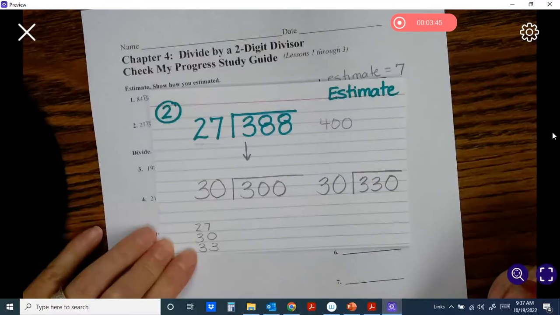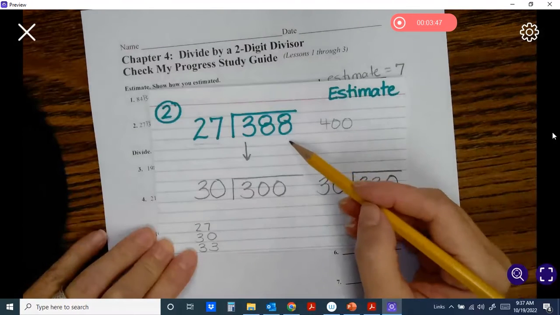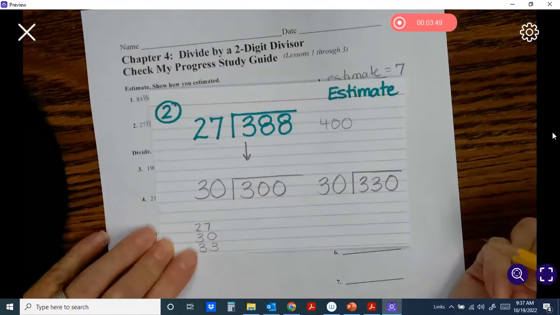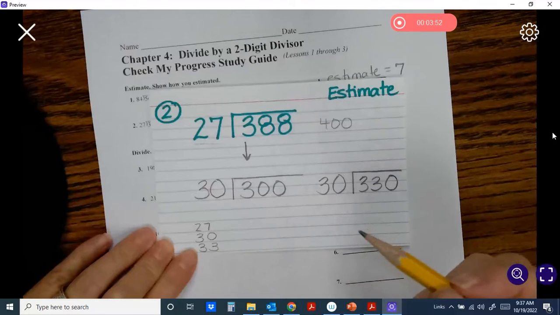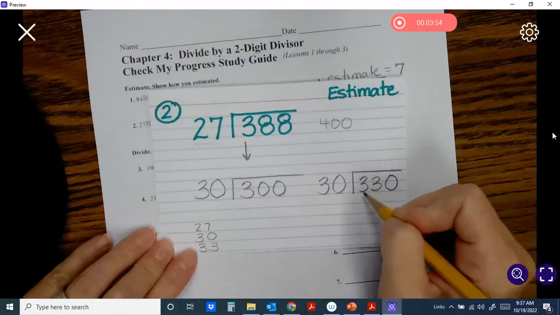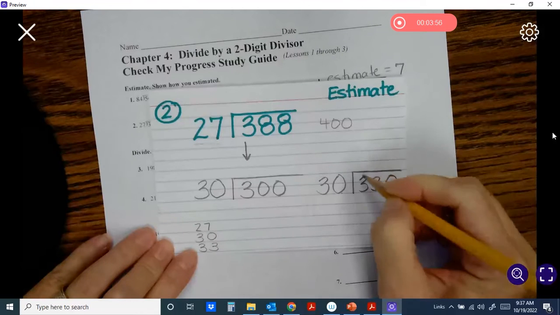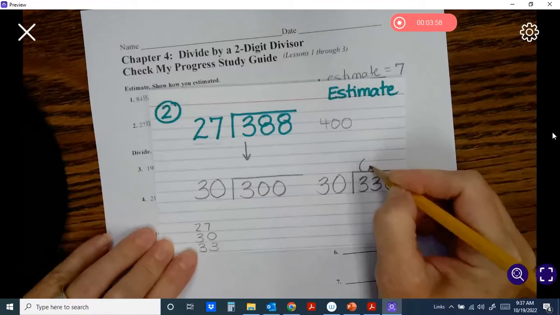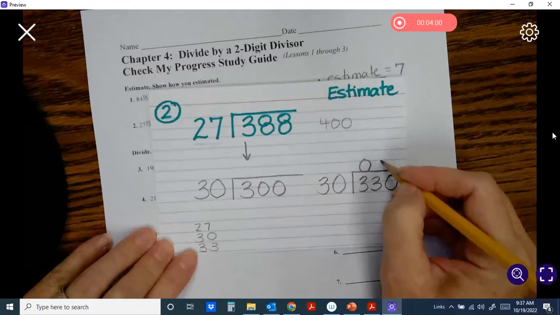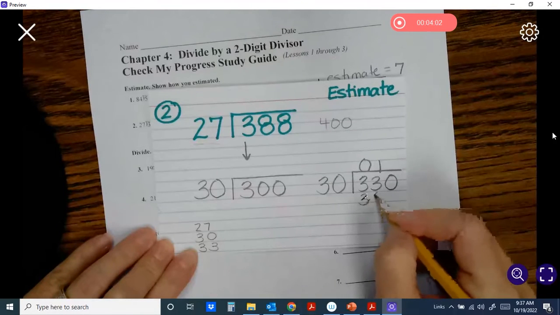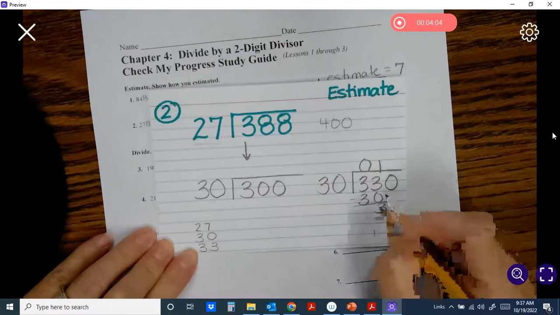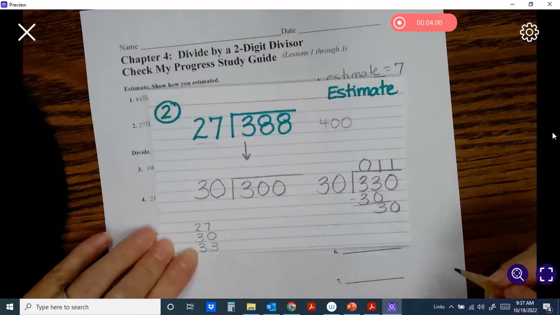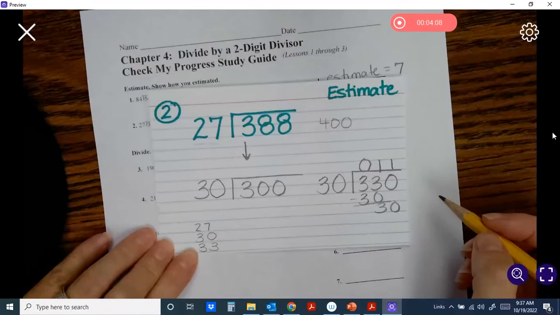How about that? That would be even better. At least that's closer to 388. Okay? So 30 goes into 30 1 time, and 1 time. Okay? So the estimate would be 11.